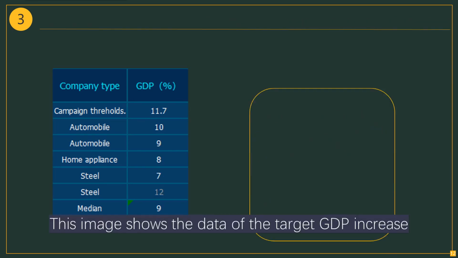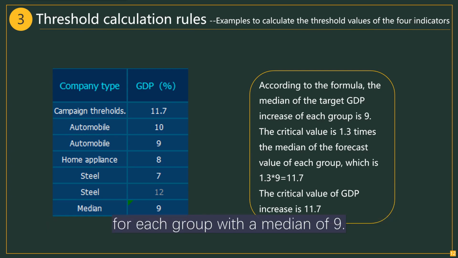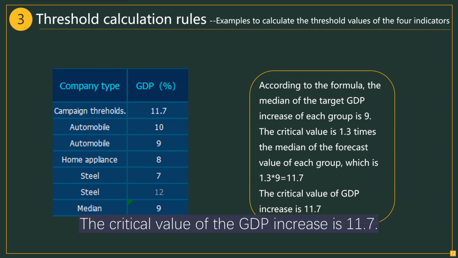This image shows the data of the target GDP increase for each group with a median of 9. According to the rule, the critical value is 1.3 times the median of the forecast value for each group, which is 1.3 times 9, equal to 11.7. The critical value of the GDP increase is 11.7.